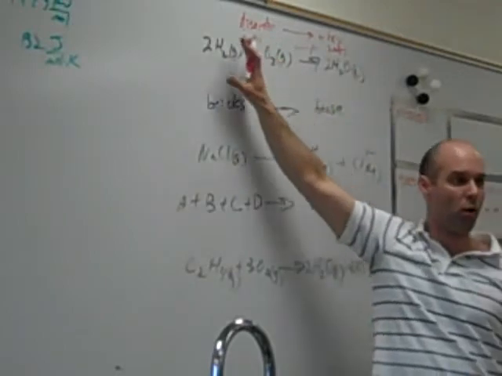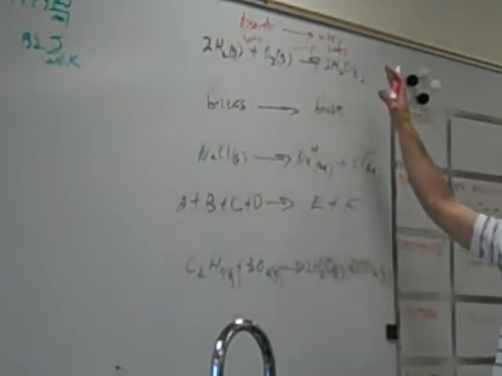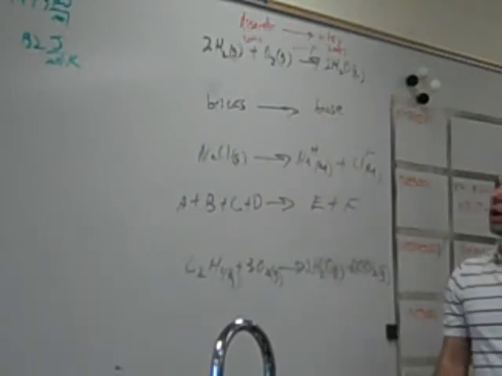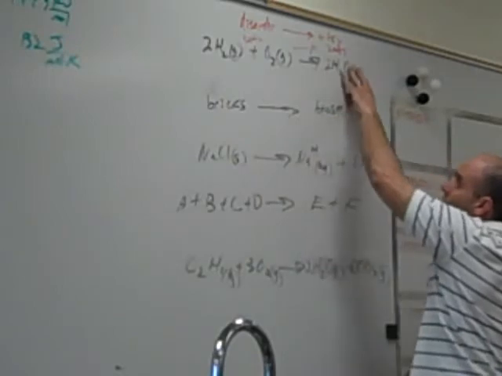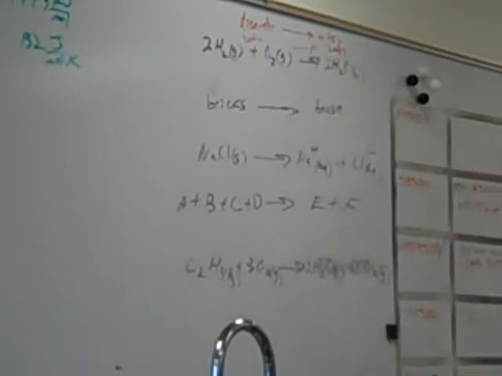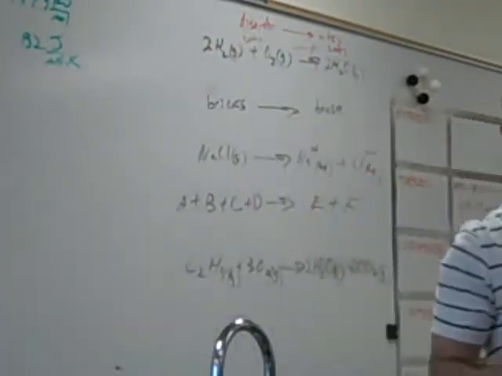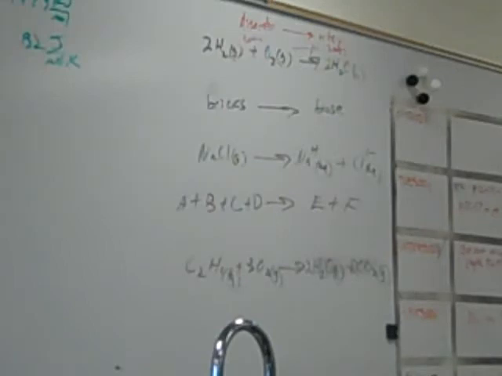So anytime you have more moles on the left side than on the right side, you're going towards disorder. No, I said that wrong. Order. Anytime you have more moles on the left side than on the right, you're going towards order. Another thing we got here is on this side we have all gases. Gases are very disorganized. The molecules are flying all over the place.